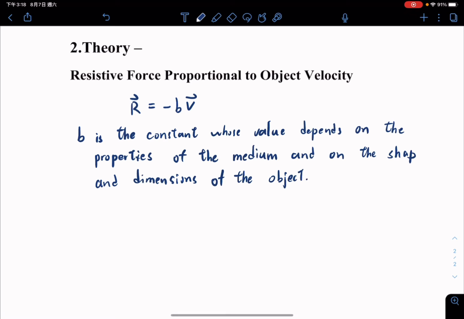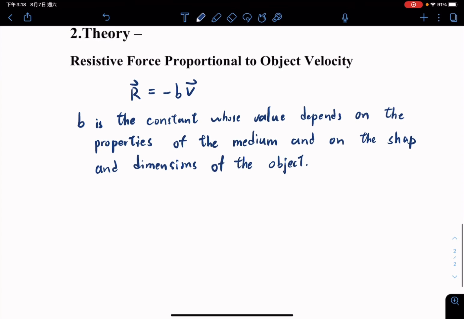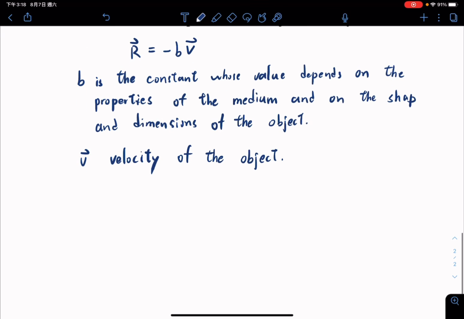And v is the velocity of the object. The minus sign in the equation means the resistive force has the opposite direction to the velocity.